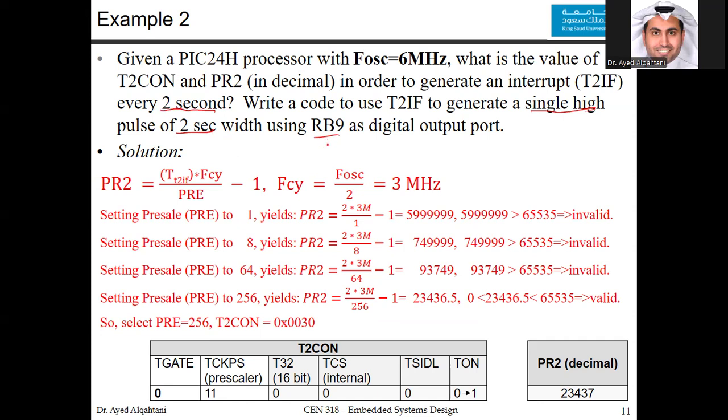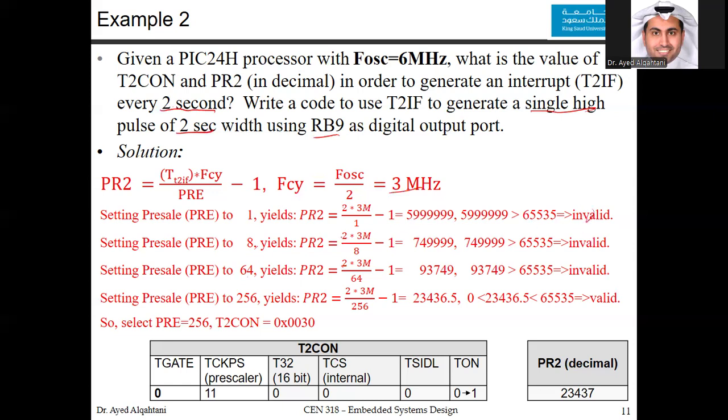So at this point, same thing, I just change the values here. The FCY is going to be 3 megahertz since I have 6 megahertz here. And I have again 1, 8, 64 and 256. I plug in the value that I have for my timer, the value when it's going to expire. So I plug it here, 2 seconds. The 3 mega is over there, and I test each one of the prescale values.